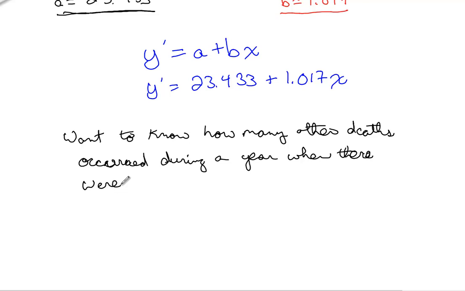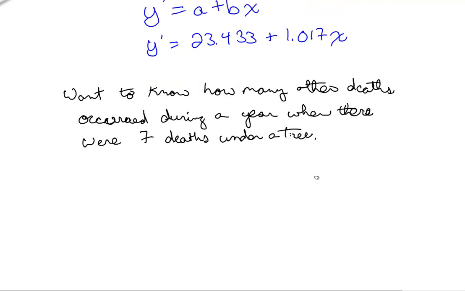We'll say when there were 7 deaths under a tree. Okay. So that means that this is your x value, and we want to know the y value. So we're going to plug this number in for x here, and we're going to solve. So let's look at how we would do that.